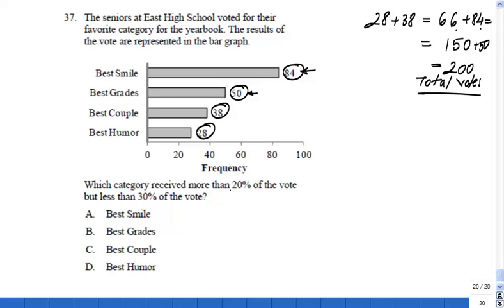And now I have to find what is 20% of that. What is 20% of 200, right? Well, you guys remember there are many ways to find this. Can you tell me what is 10% of 200? 10% of 200 will be 200 divided by 10. You double that and you find what is 20%.